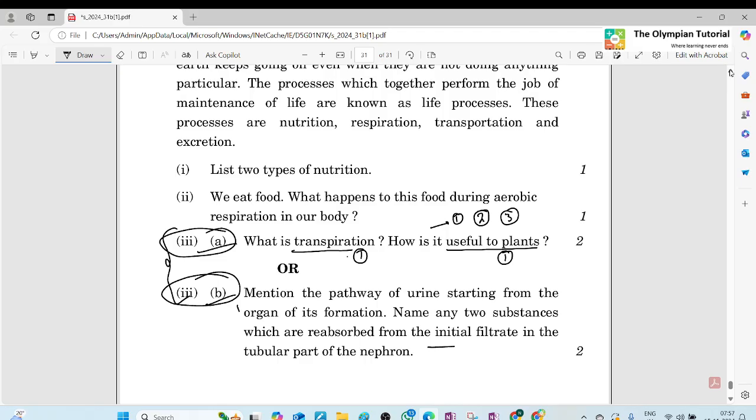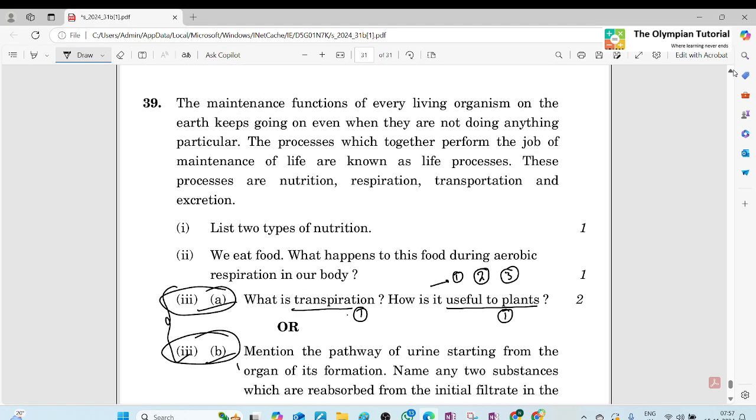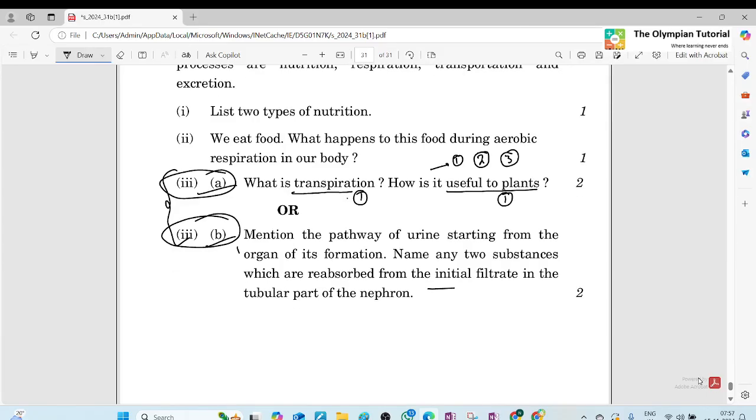Ma'am, how is it useful to plants, half half mark each, meaning two points? For benefits of transpiration it is given 1 mark, and how is it useful to plants is also 1 mark. But as you have to write points, you can write all 4 points, 1 by 4, 1 by 4, 1 by 4, 1 by 4, because points are very small.